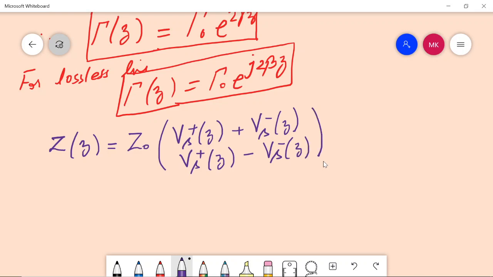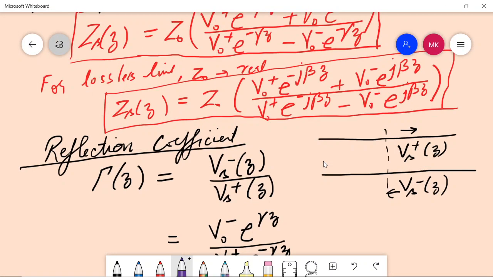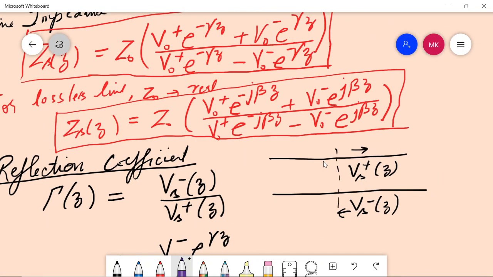If you do that, Vs plus z is equal to V naught plus e to the power minus gamma z. So from here, this part is the Vs plus z, the incident wave, and this is the Vs minus z, the reflected wave.